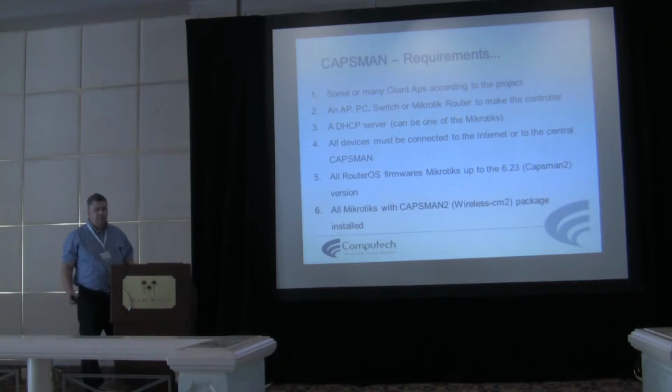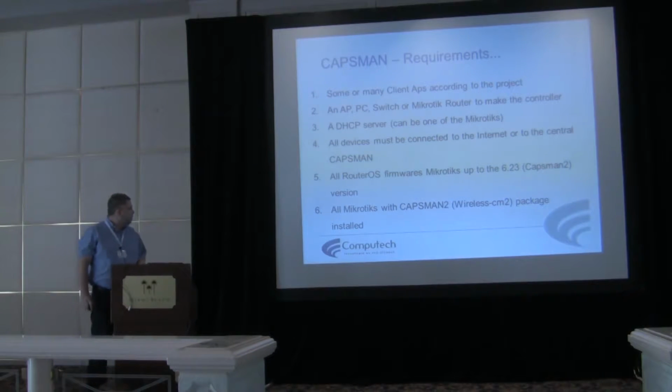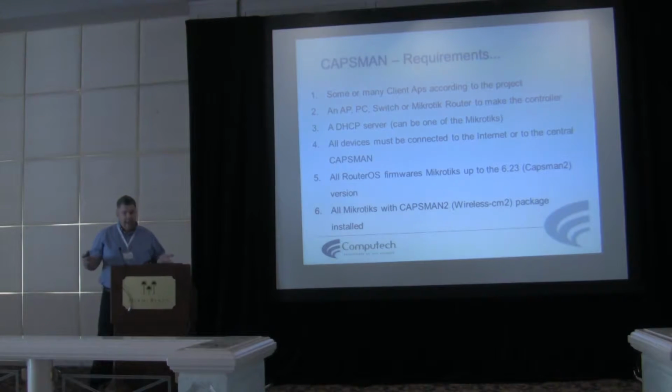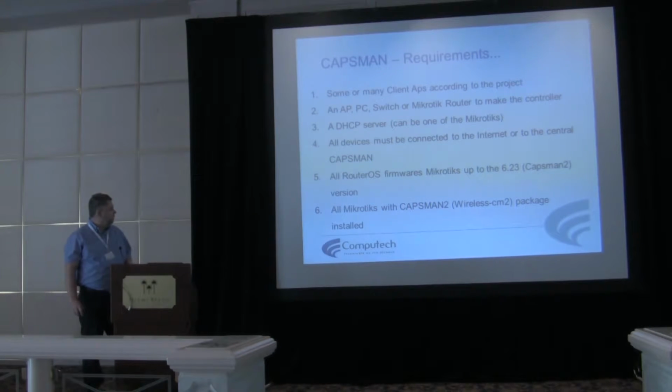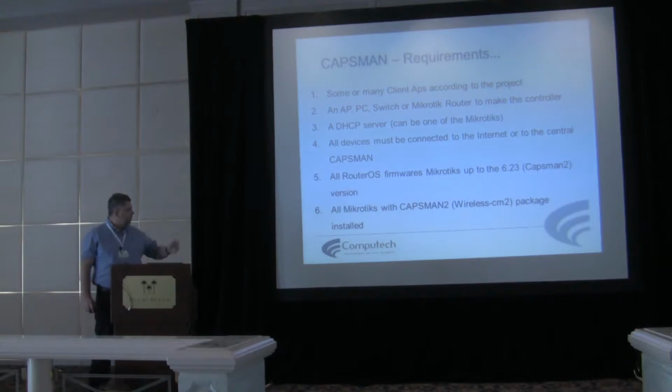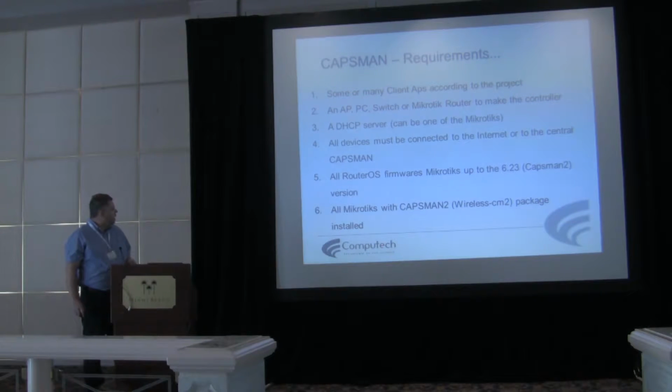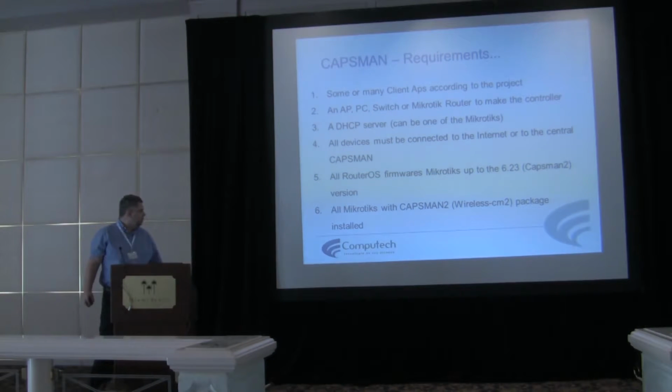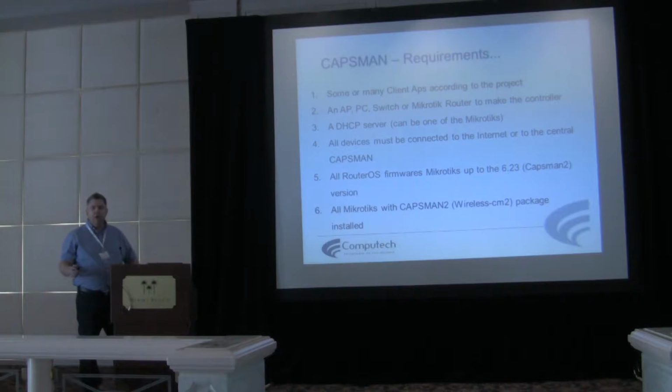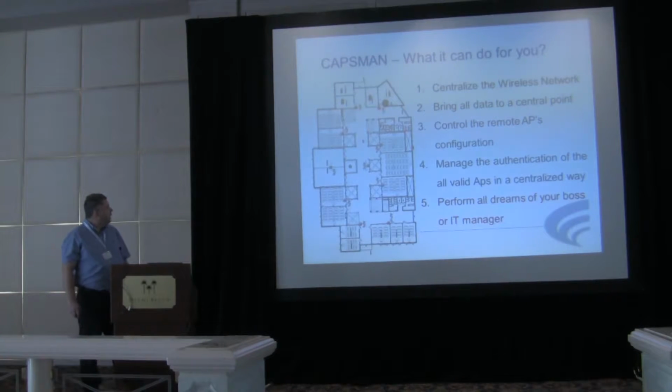All devices obviously must be connected to the internet and to the central CAPSMAN. We need version 6.23 or later, all Mikrotik with the package wireless CM2 installed. Obviously, you have to make the connection between the CAP, the AP, and the controller in the same network using this package.